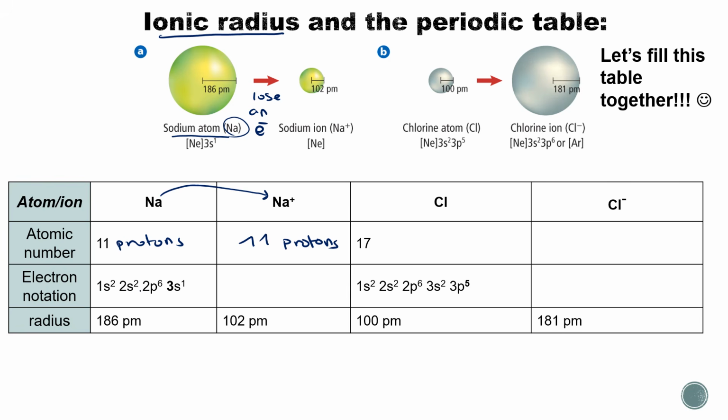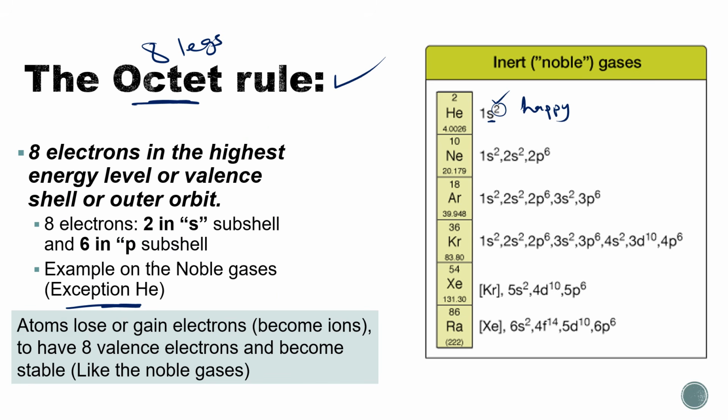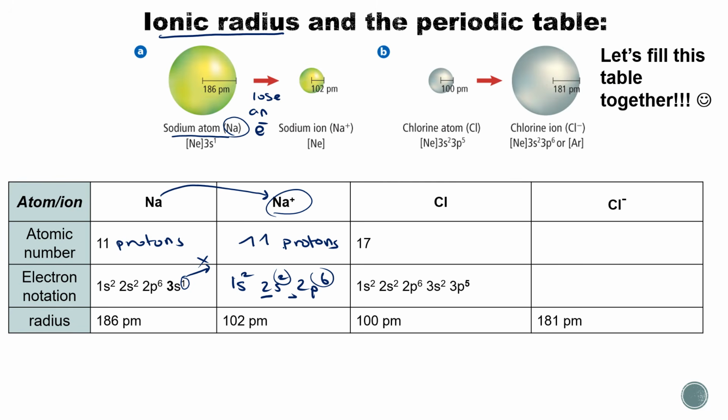So if we look at the electron notation here, this electron we are going to remove. So what's the new electron notation? 1s2, 2s2, 2p6. How many valence electrons are here now? 8. So now sodium is happy in the octet rule, remember? Because now it has the same electron notation as Ne. So it's happy, okay?